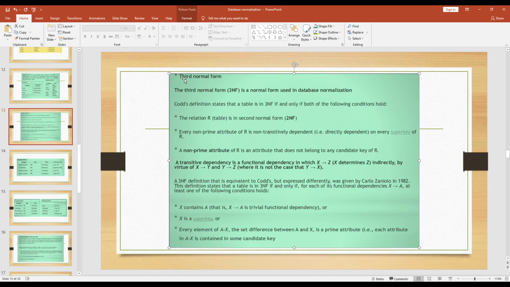Each attribute in A minus X is contained in some candidate key.